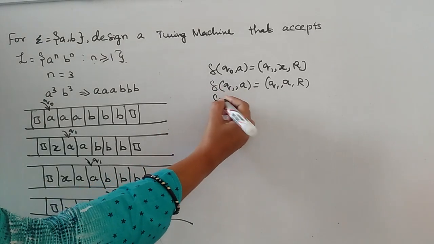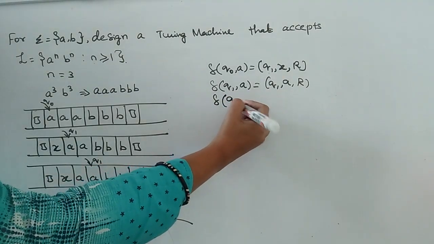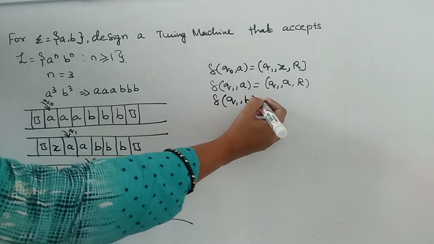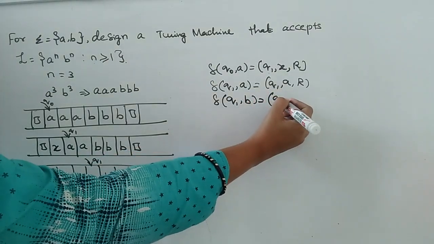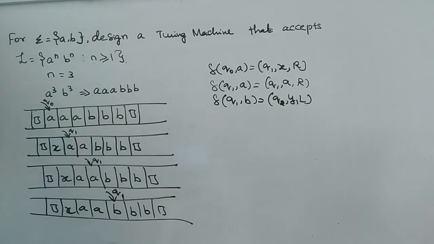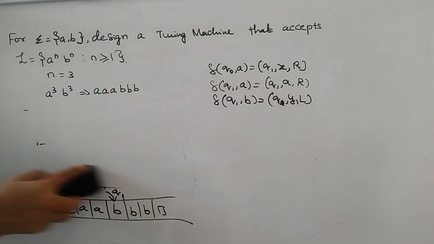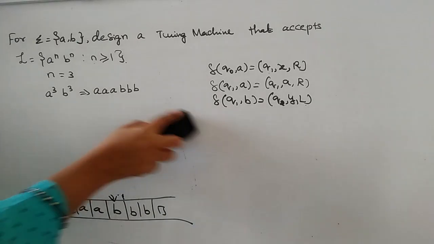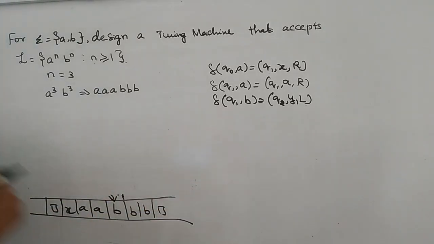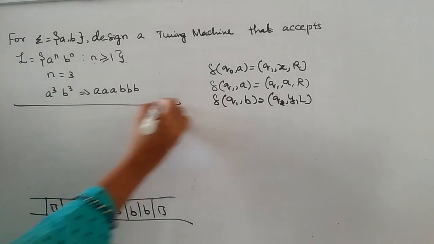That's why I write the transition as delta of q1 comma b equals q2 comma Y comma L. Next, it is pointing to the b and the machine is in the state q1 as per this transition.